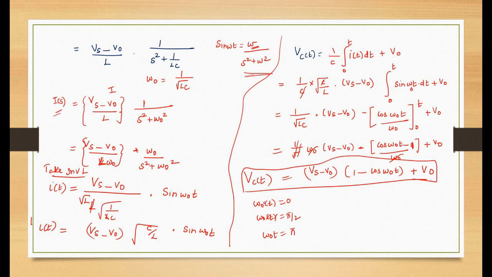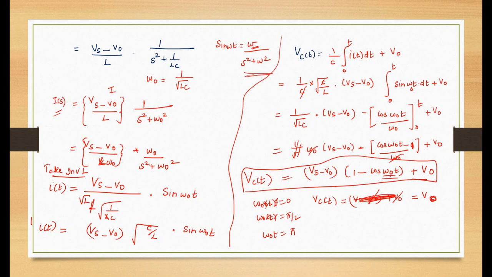So when omega naught t equal to 0, Vc of t equal to Vs minus V0 into, cos 0 is 1, 1 minus 1 is 0, plus V0. So V0 gets cancelled, and we get V0.